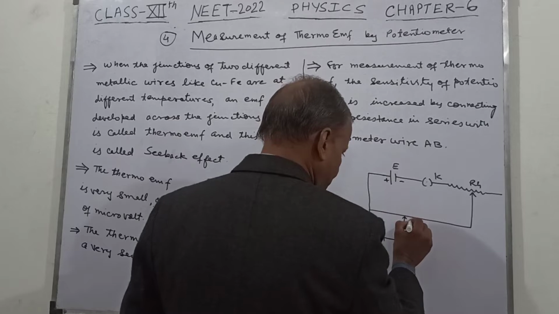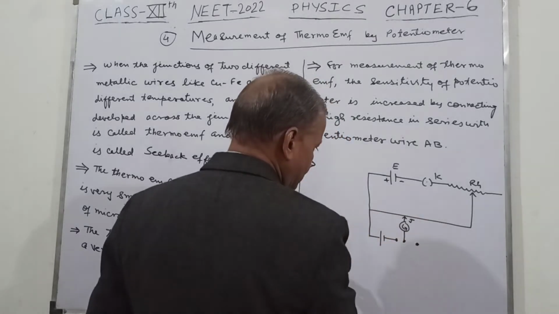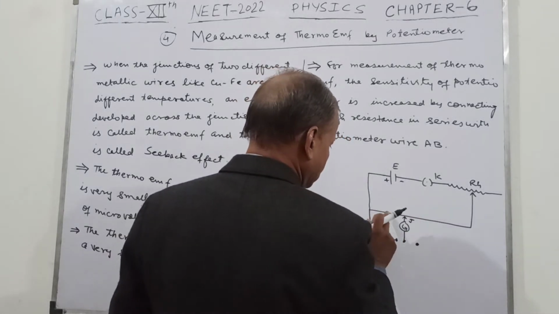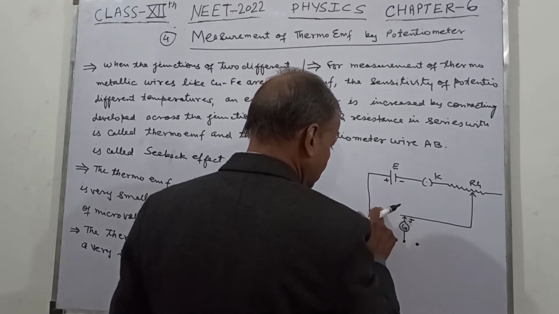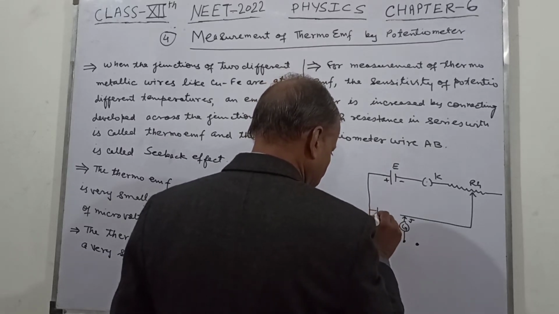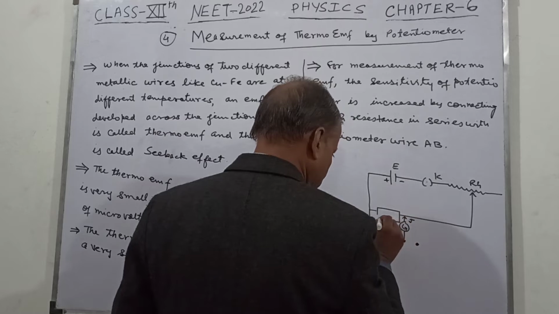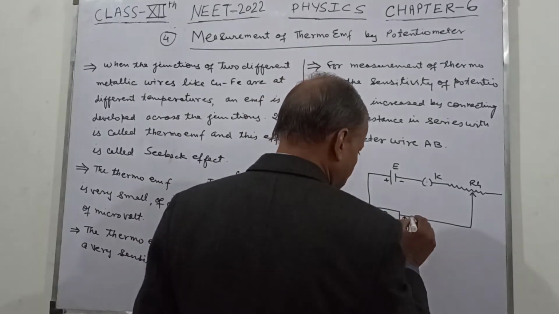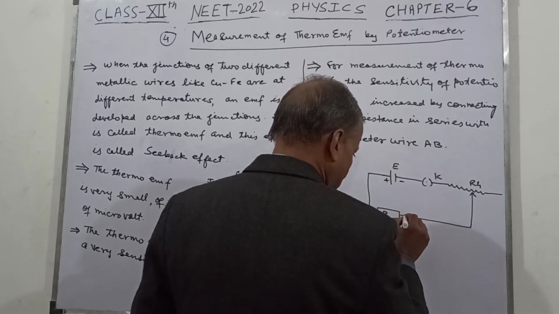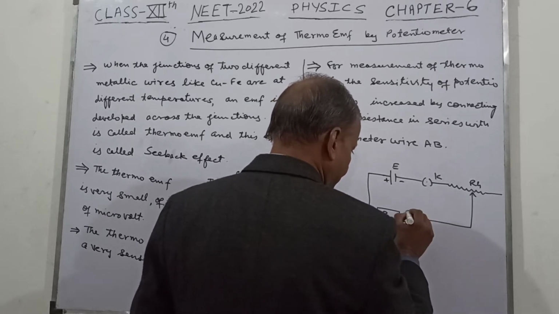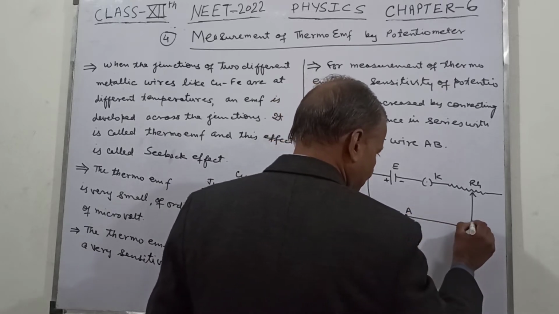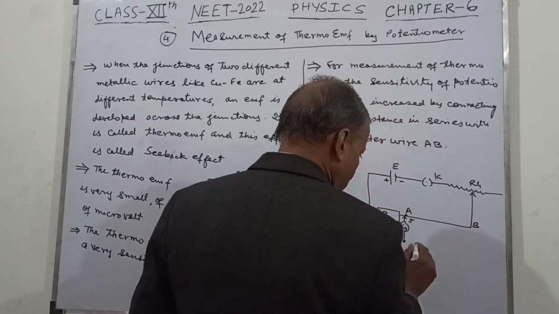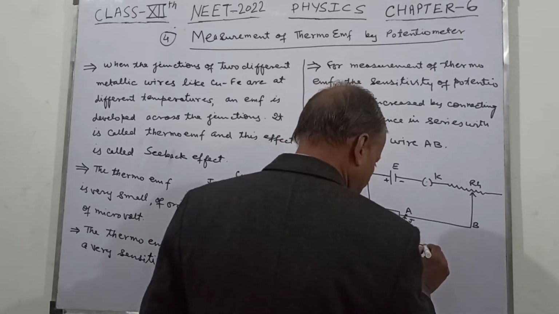This is now jockey J. Resistance R. This is the wire AB.